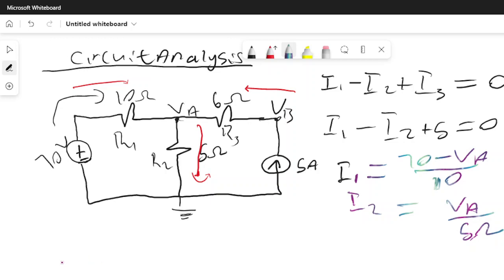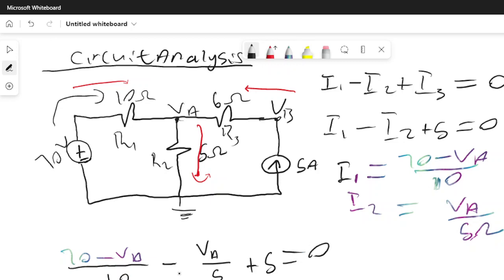So for I1, we have 70 minus VA, divided by 10, minus VA over 5, plus 5, which equals 0.